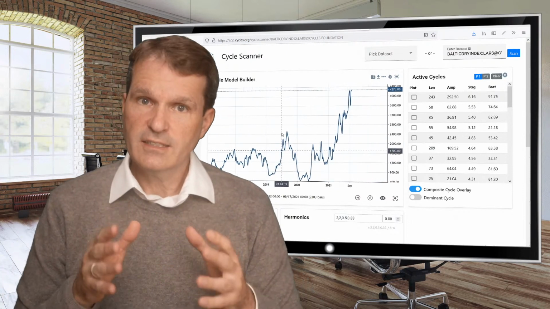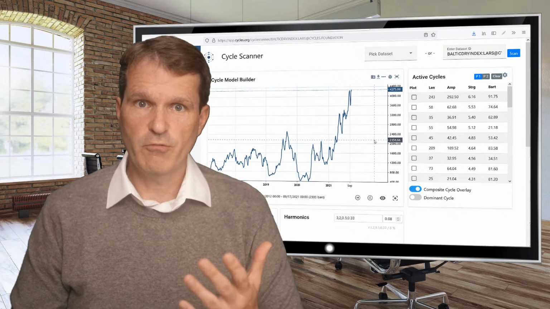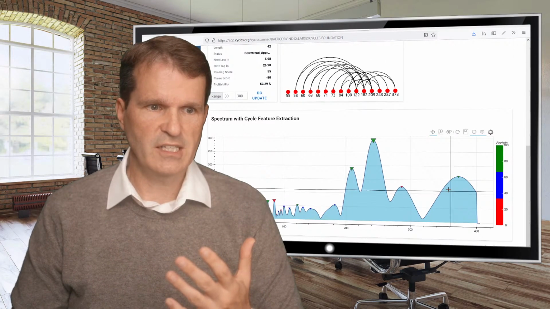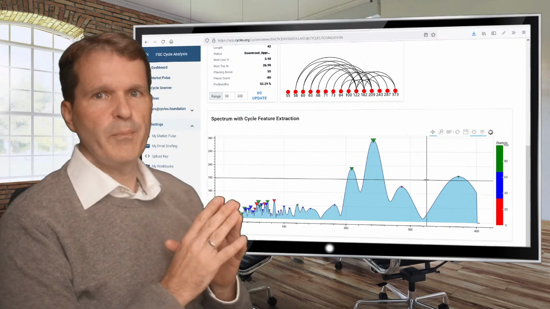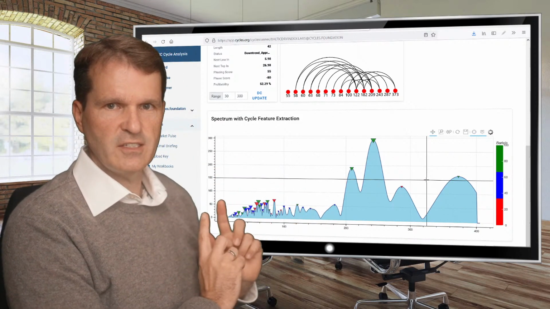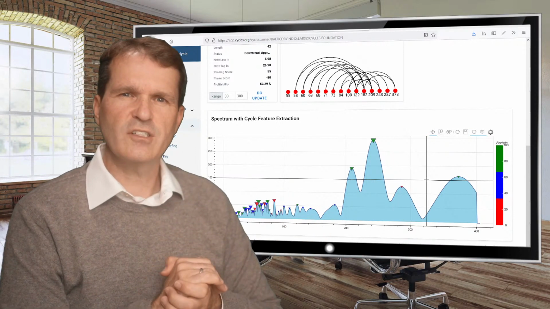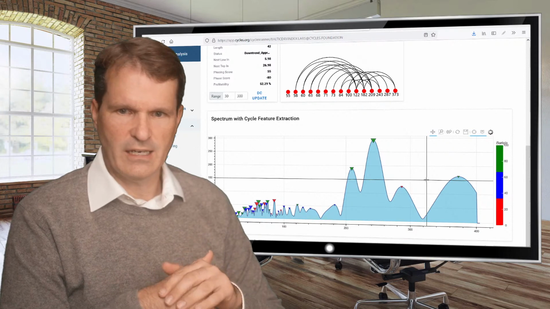So cycle analysis works by looking at the spectrum once we apply the digital signal processing, and looking for peaks in our spectrum, which is shown here at the bottom of the chart. This is the result of the cycle analysis of the last 10 years of the Baltic Dry Index.